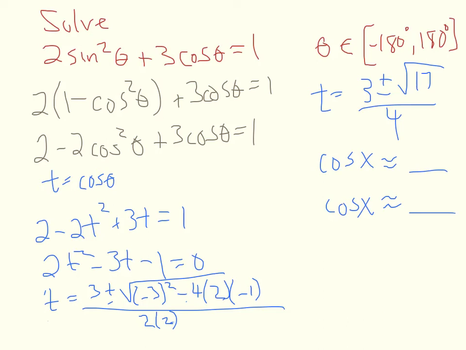When we put this in our calculator and approximate, we get that cosine, and I put an x here instead of a theta. Hope you're yelling at me and screaming at me right now. We need to stay consistent with the variables that we're using. But cosine theta equals 1.78, or cosine theta is approximately negative 0.281.